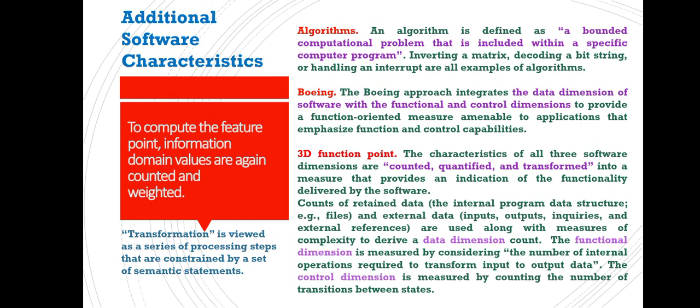So it is also an example of algorithm. Next is boundary. It is an approach which integrates the data dimension of software with the functional as well as control dimensions. Here behavioral dimensions are represented as control dimensions. These are provided as a function oriented measure amenable to the applications that emphasize function and control capabilities.